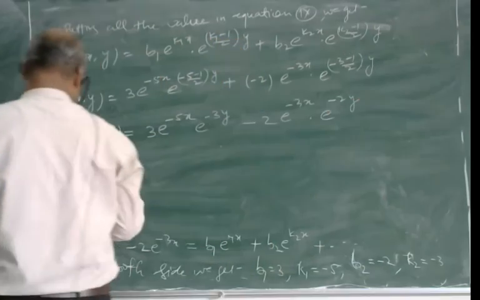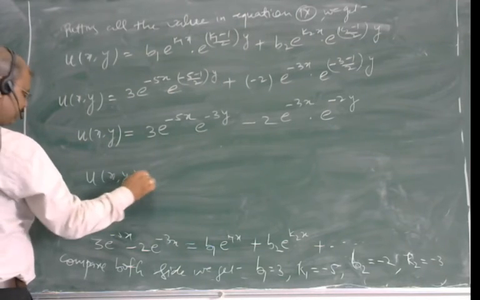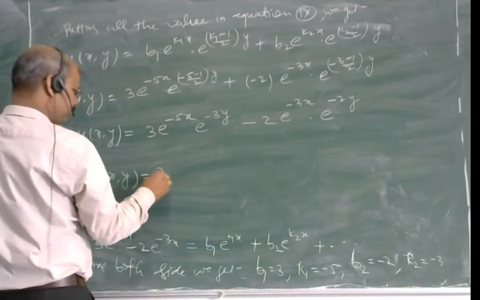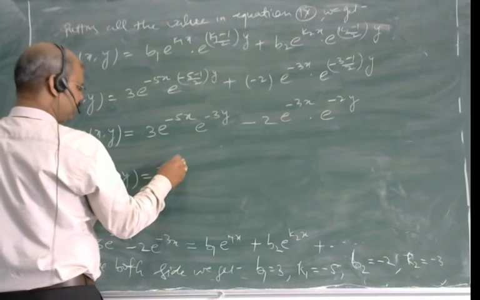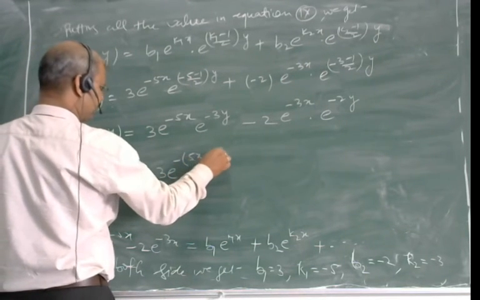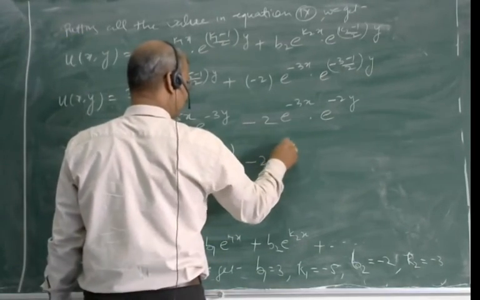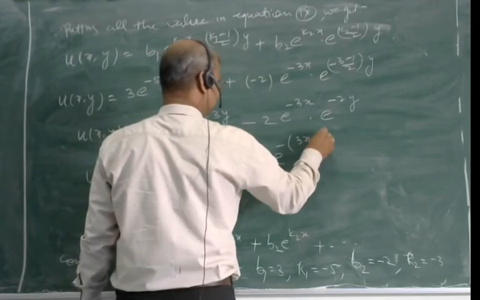So after simplification, we will obtain u(x,y) equal to 3 e to the power minus 5x plus 3y minus 2 e to the power minus 3x plus 2y.